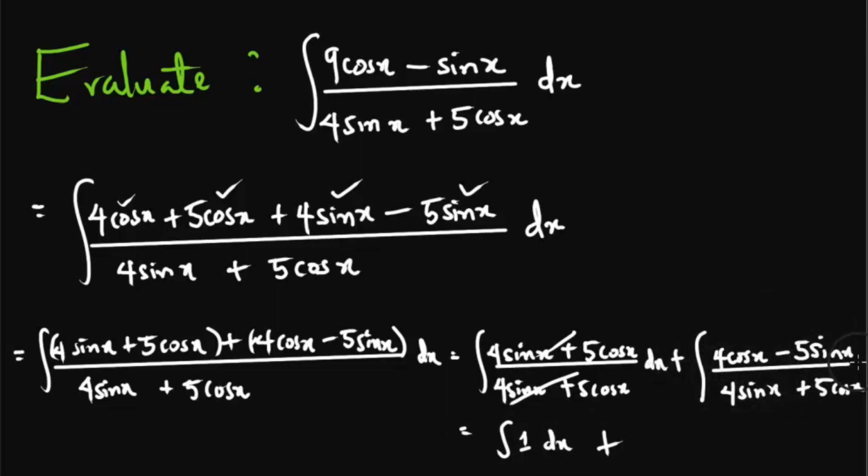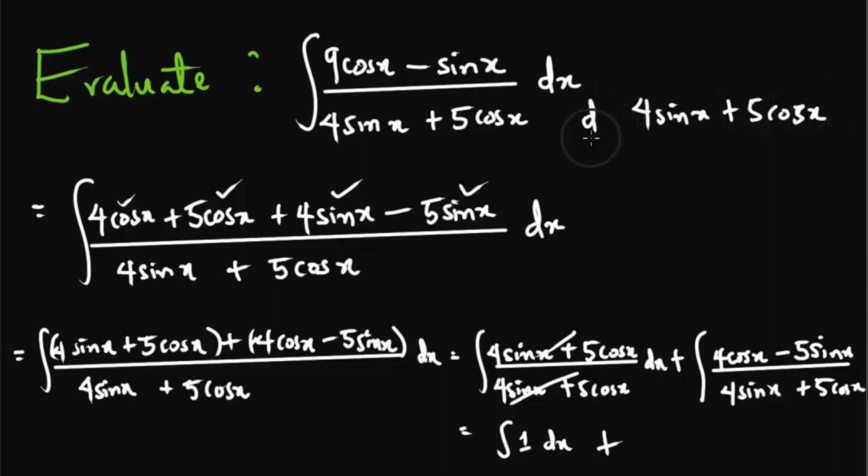Now, how do we integrate this guy? At this point, we have to remember that when we differentiate the denominator and the answer is the numerator, then the integral of this fraction is the ln of the denominator plus c. Taking a look at this fraction, our denominator is 4 sin x plus 5 cos x.